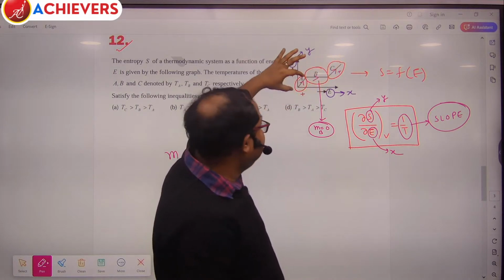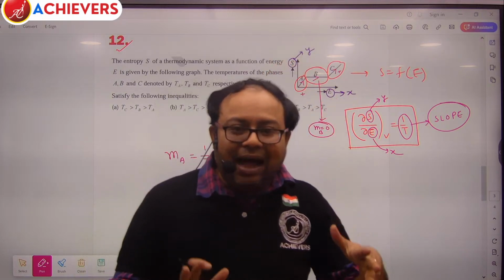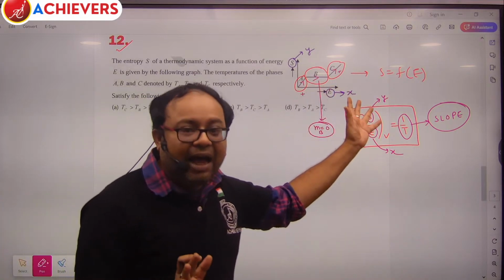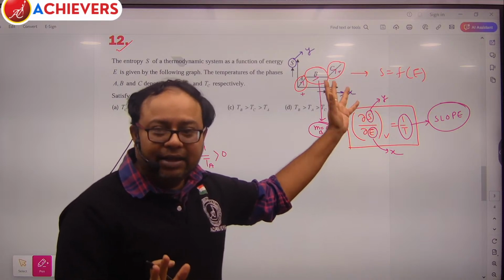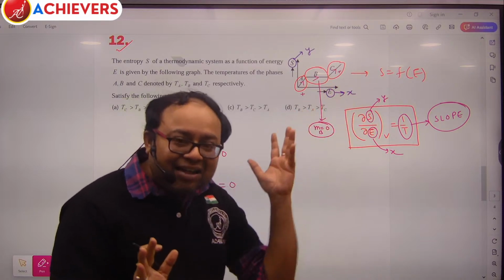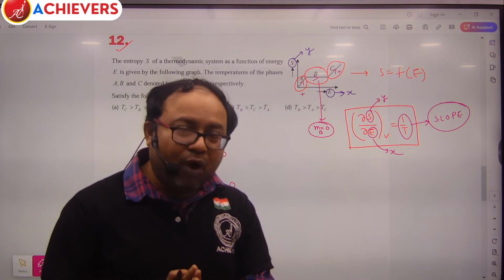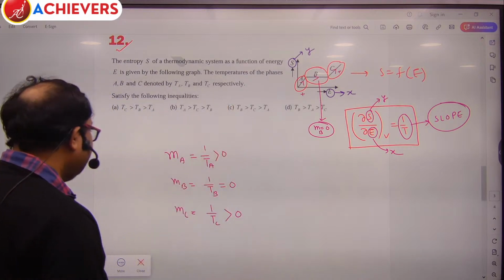Why? Because this phase A is steeper than the phase C. It is quite evident from the given diagram that A is steeper than C. And as A is steeper than C, it's quite evident that MA is greater than MC.